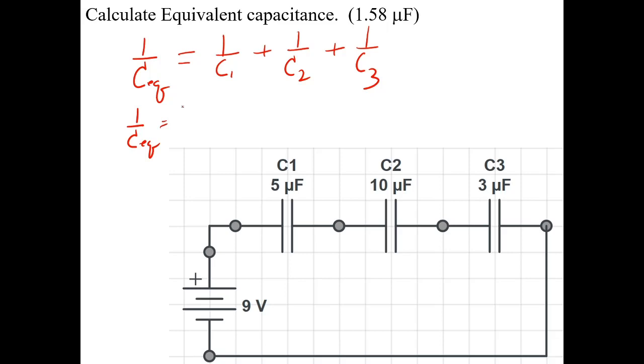So now we have to use fractions. I should have mentioned this in the other one, but they're all in microfarads. So that's no problem. Since they're all in microfarads, we can keep them all in microfarads.